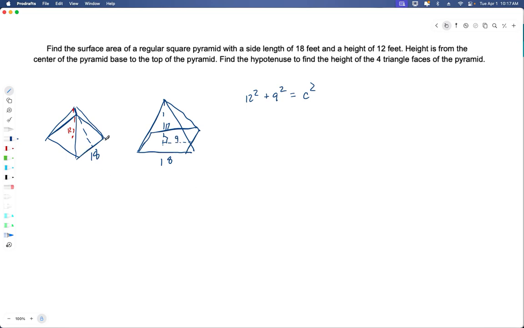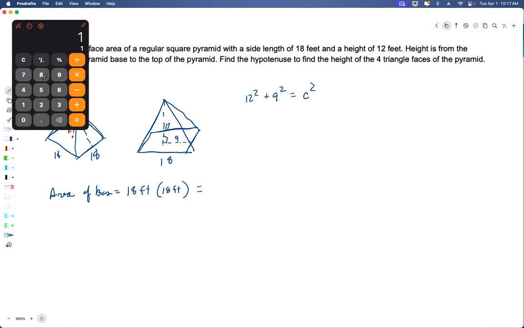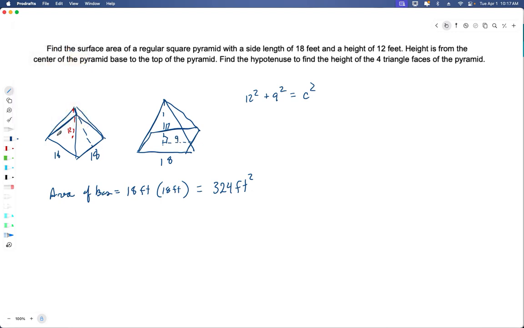The surface area of the base, the area of the base, is going to be equal to 18 feet times 18 feet, whatever that is. So 18 times 18, so that's going to be 324 feet squared for the base.